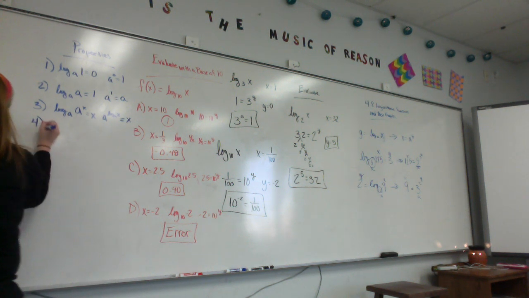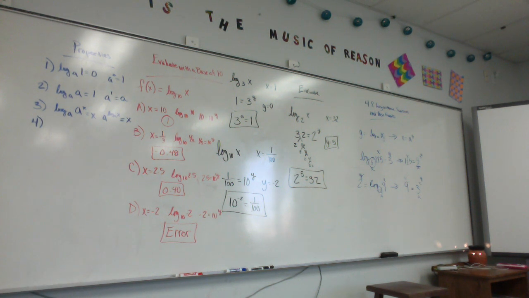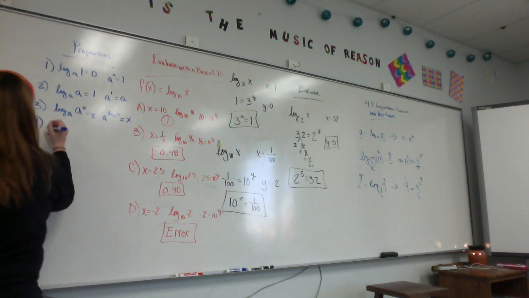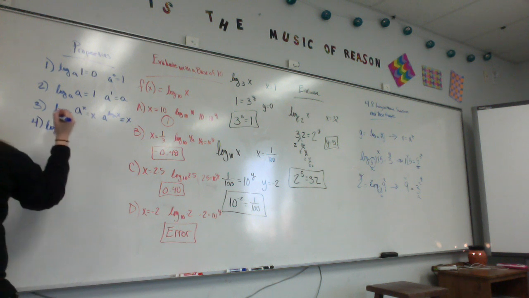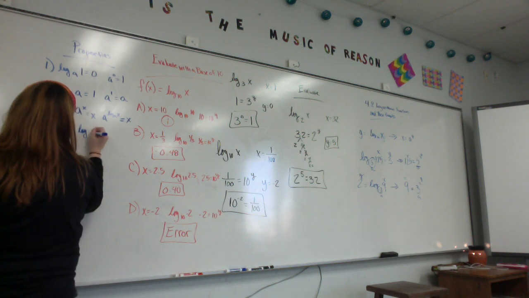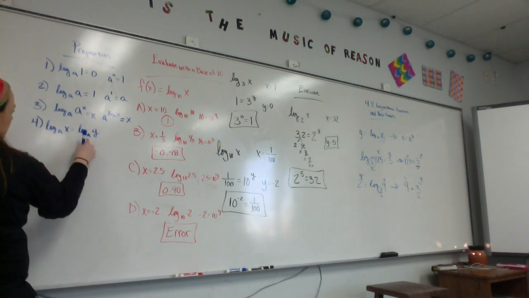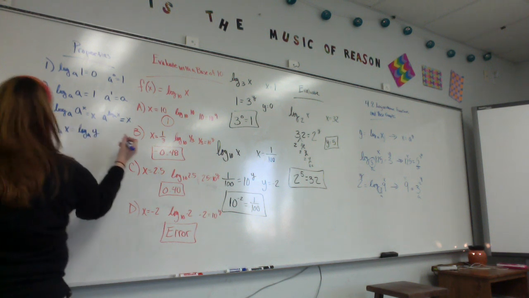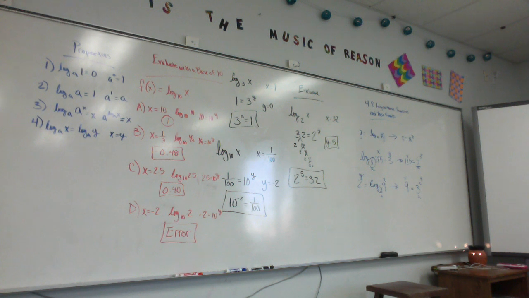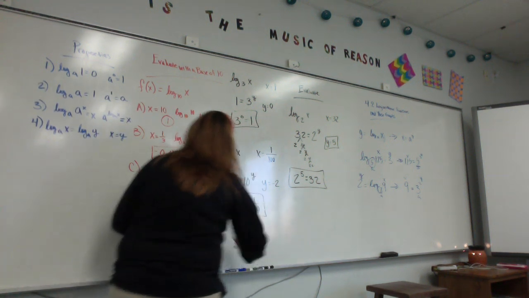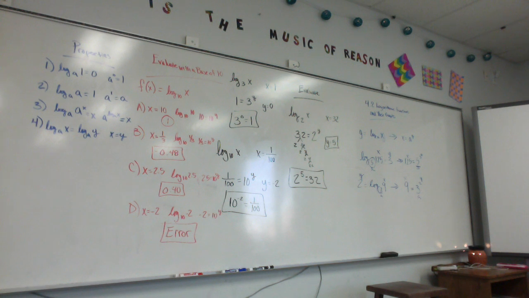And then the fourth and final property tells me if log base a of x equals log base a of y, if these are the same bases, then those can cancel out to give me x equals y. I get rid of the logs completely if the log and their base are the same when they're set equal to each other. And that's going to allow me to start solving some problems using logarithmic functions.